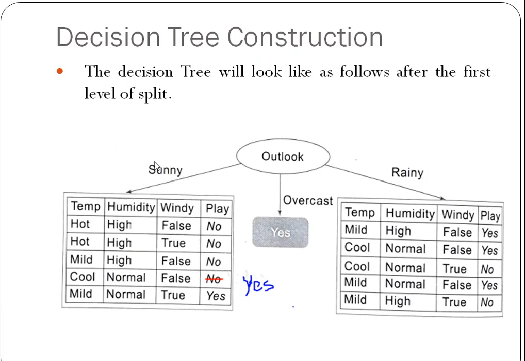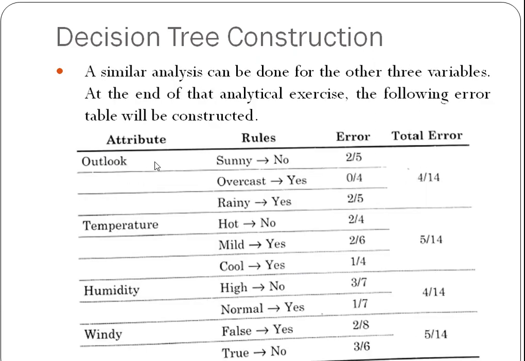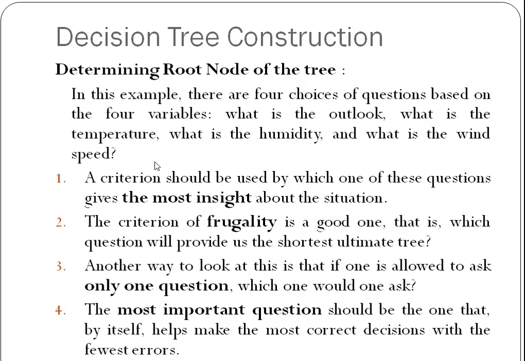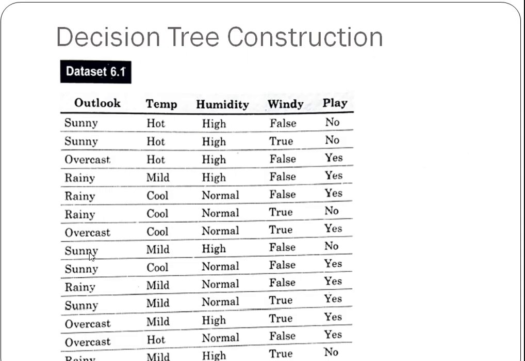Let me go back and we'll just check it out. So you can see this outlook is sunny, and we are going to take this data. Here it is sunny again, and we are going to take this data, and one more is here, we are going to take this data.